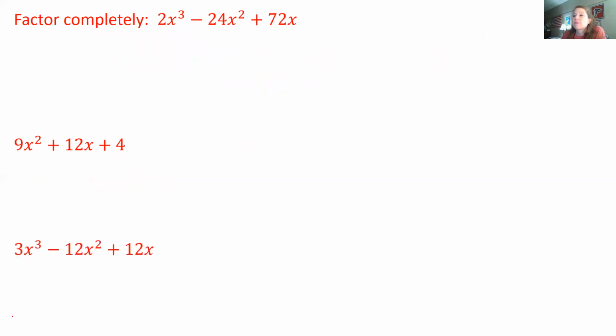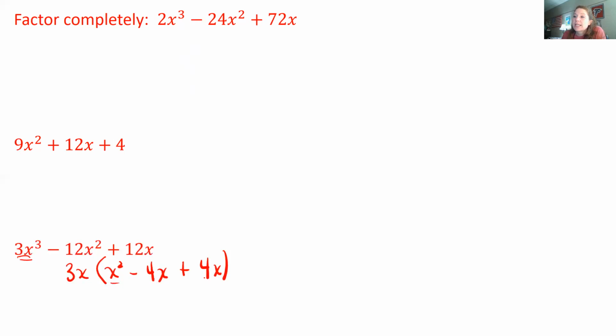All right, is this a perfect square trinomial? Well, not at first, because I see that there's a greatest common factor. The greatest common factor of these three terms is 3x. So when I factor out a 3x from the first term, I end up with x squared minus 4x plus 4.